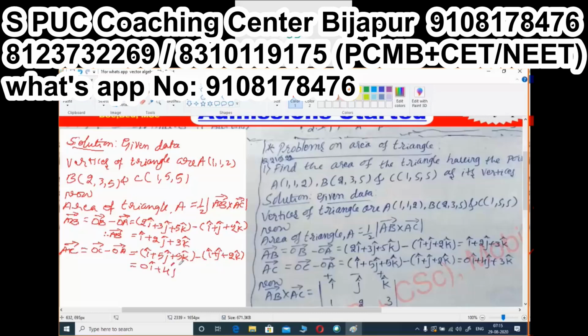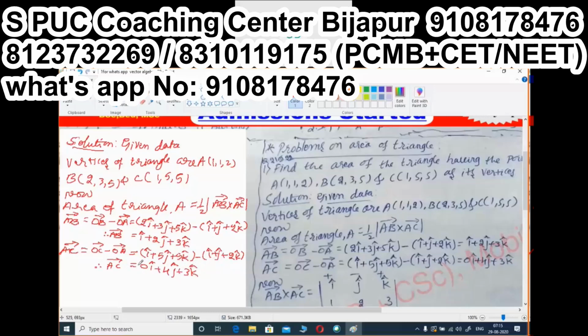Next, 5 K cap minus 2 K cap is 3 K cap. This is the required AC vector.